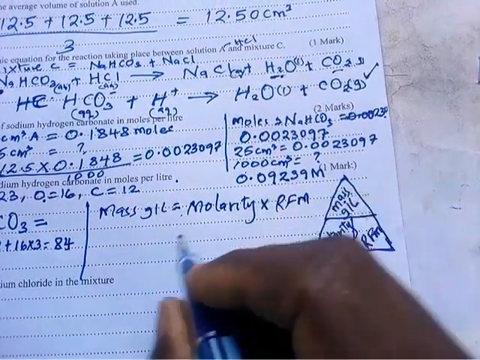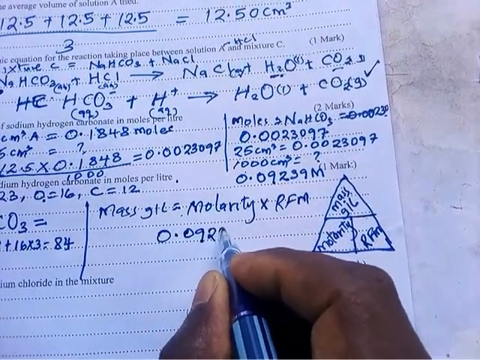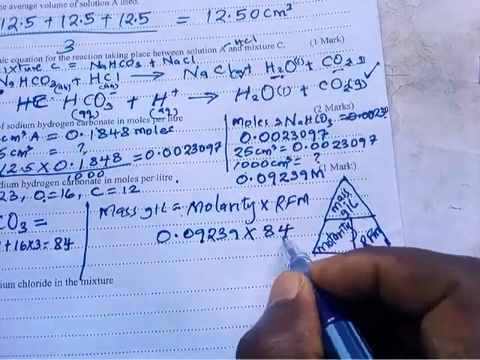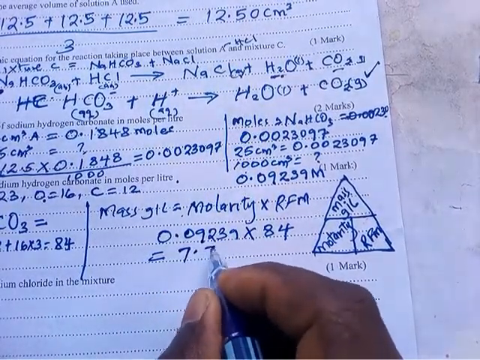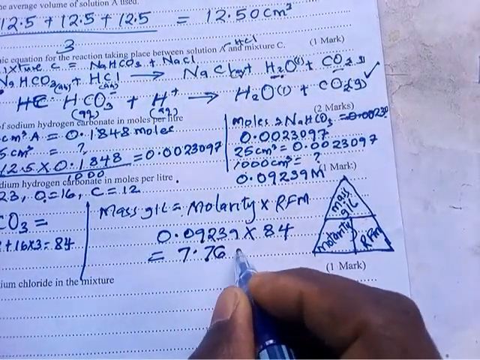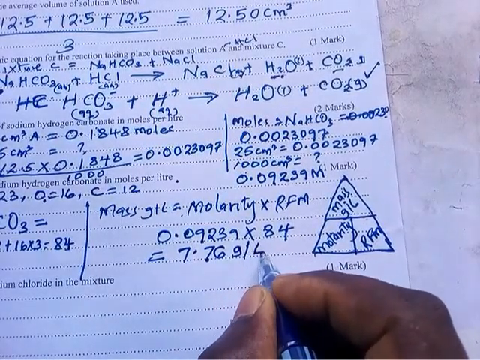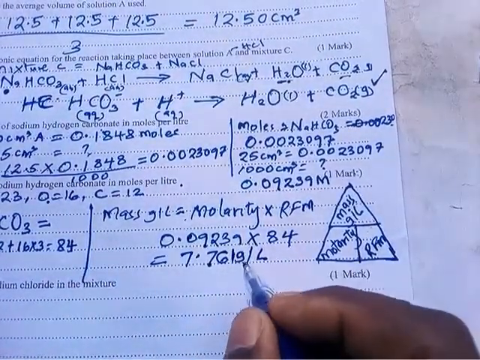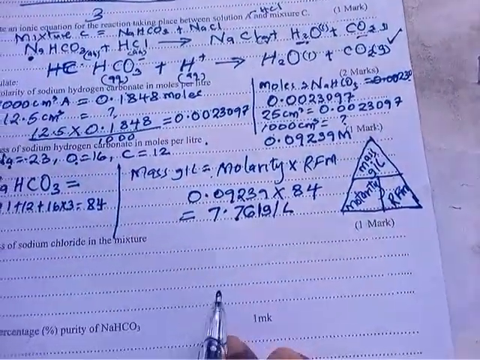Molarity we have here, 0.09239, times RFM, which is 84. And this will give us 7.761 grams per liter. So this is the mass of only sodium hydrogen carbonate.